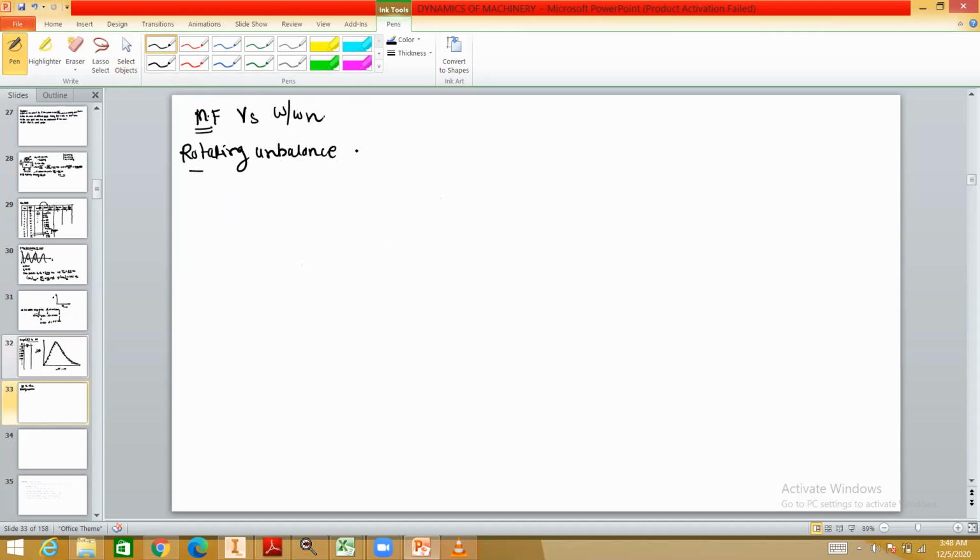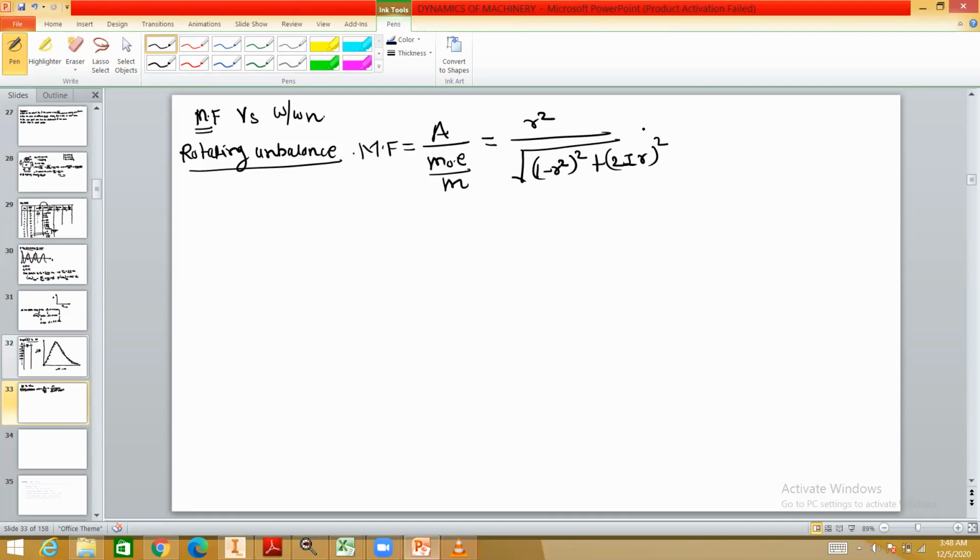For the rotating unbalance, the magnification factor is nothing but the amplitude divided by m0e upon M. And this ratio is equal to r square divided by the square root of (1 minus r square) whole square plus (2 zeta r) whole square. So this is the theoretical formula. We have to plot the graph of A upon m0e upon M versus frequency ratio r.